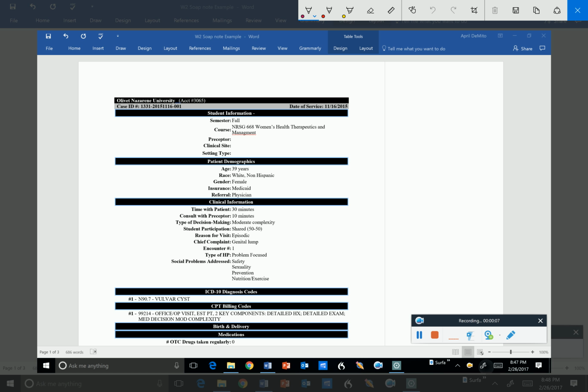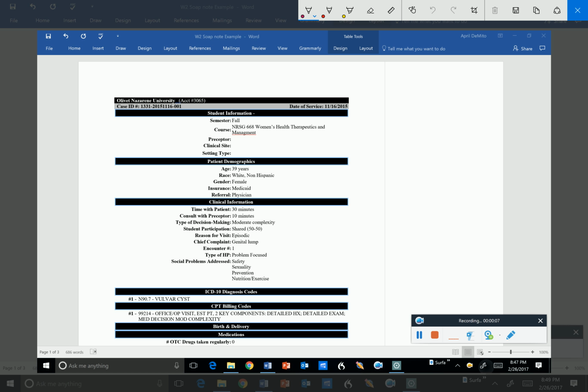And it's very important that you have the necessary pieces of the soap note there, but it's also very important that you be able to tell the story. So, let me tell you why soap notes are so important, because there are a couple of reasons. Number one, soap notes are important because we need to justify our billing.